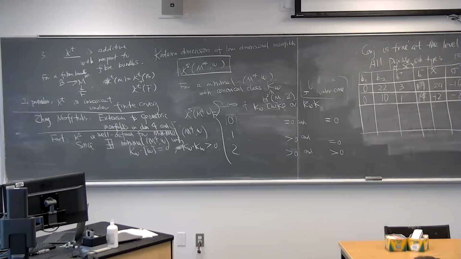So these columns just tell you all the possible Betti numbers. And the last column tells you actually there's an example in the list realizing all these types.